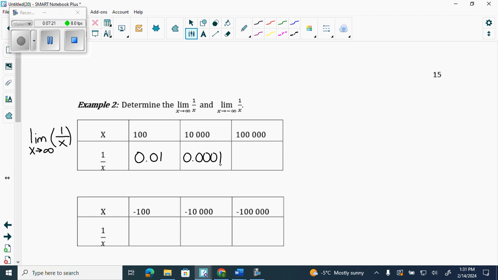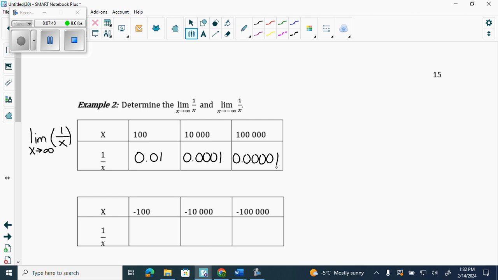Then I do 100,000: 0.00001. What am I getting closer and closer to? 0, right? So can I say that if ever I have the limit as x approaches infinity and I have 1 over x, can I not just put a 0 in that spot?